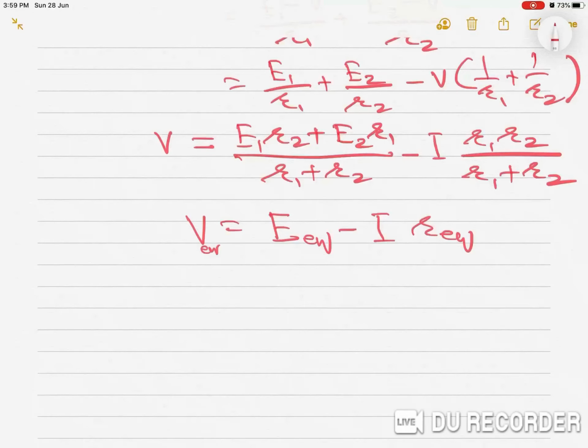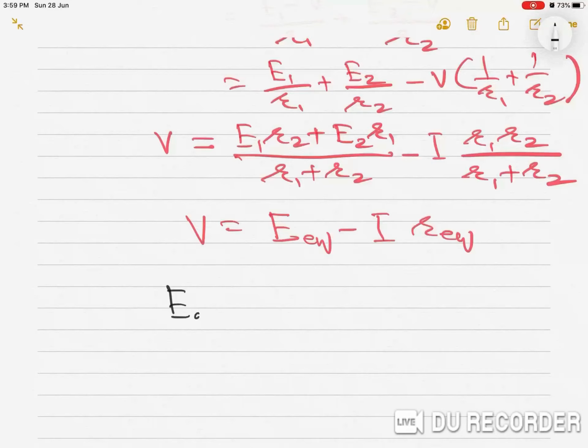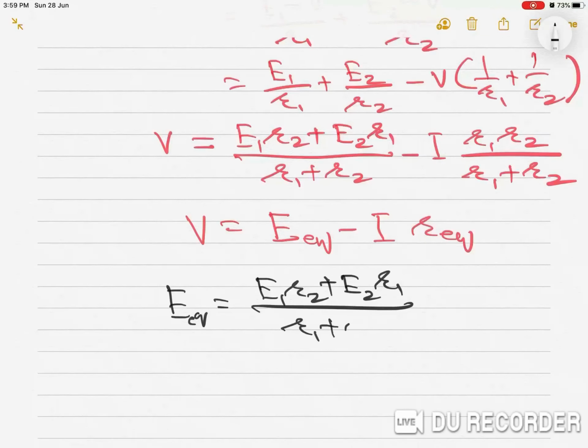If we compare these last two equations, then E equivalent is E1 r2 plus E2 r1 upon r1 plus r2, and the equivalent internal resistance is this.